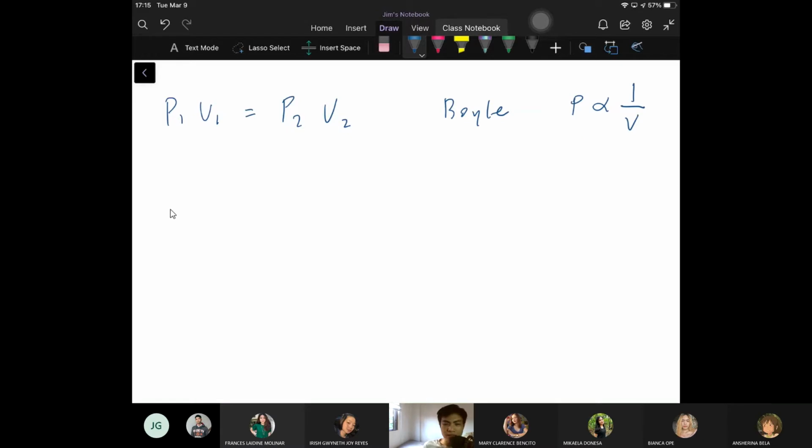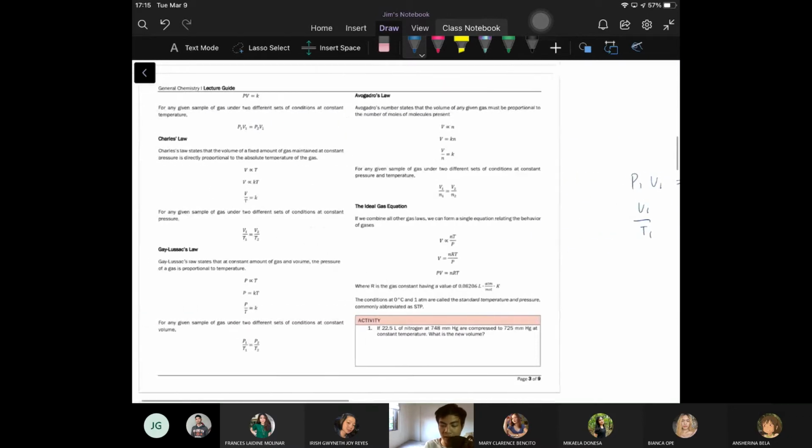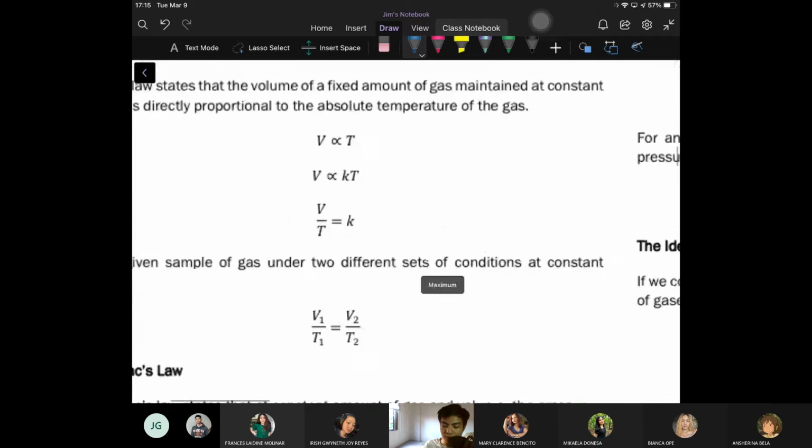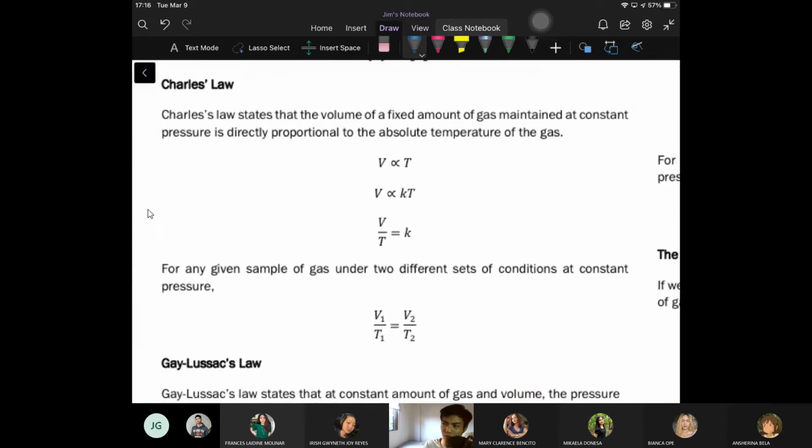So, ano pa yung mga gas laws natin? We have Charles law. So, ano si Charles law? V1 over T1 equals V2 over T2. Okay? So, yan. According to Charles law, we have the volume directly proportional with the temperature. Okay?